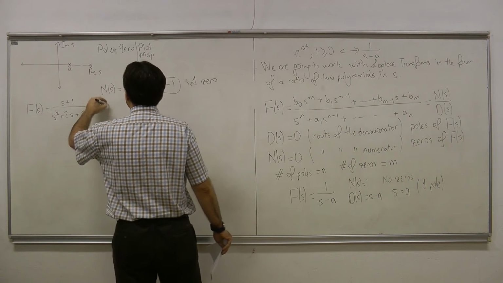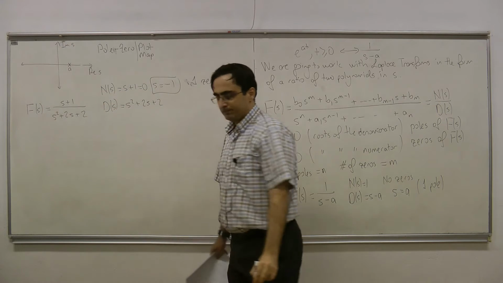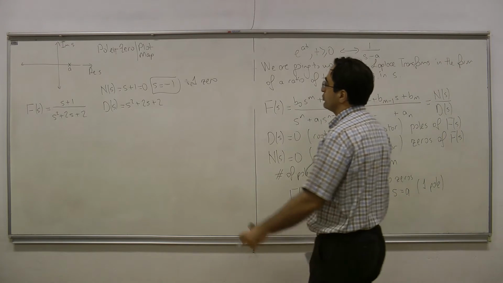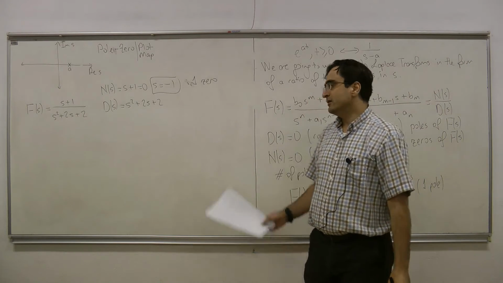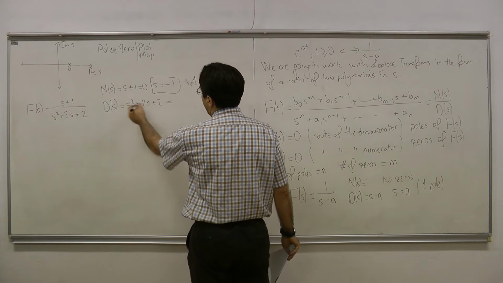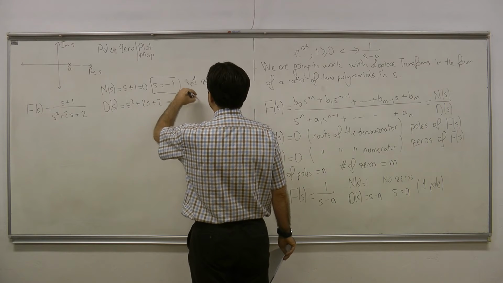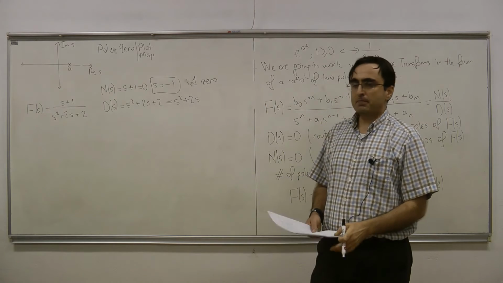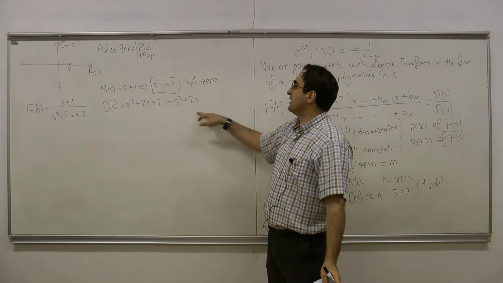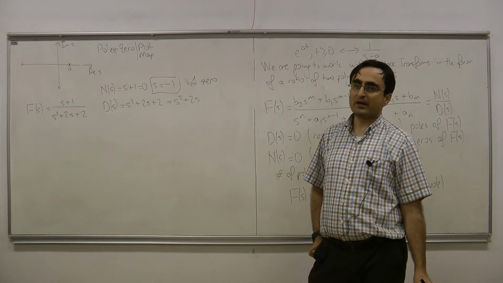And d of s is s squared plus 2s plus 2. Of course, you must know how to find the roots of a polynomial. Here in this course, I will generally try to do the following: I will try to complete this polynomial into a full square. S squared plus 2s. Then what should I add to this function in order to be able to make that a full square of a complex number?